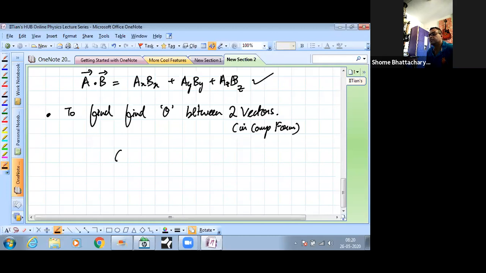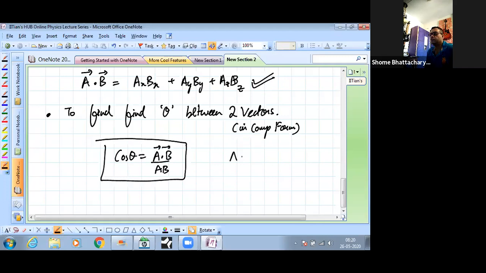We had this method that cos theta should become equal to A dot B divided by mod A into mod B. In this formula, A dot B just has to be substituted using the component formula, whereas mod A is root of ax square plus ay square plus az square, and similarly mod B. So these kind of things.